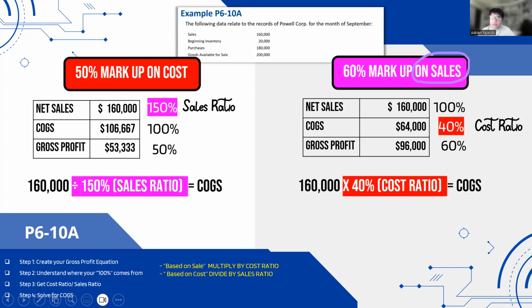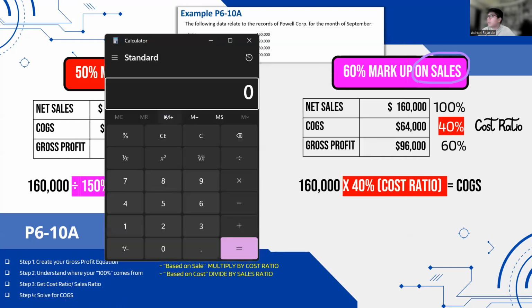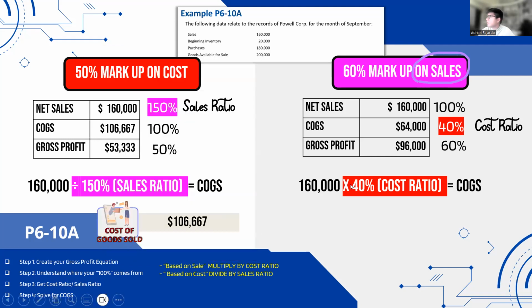And to just test kung tama ba yung gross profit rate natin, it's gonna be 96 divided by 160 equals 60%. So, ang COGS natin, pag 50% markup on cost, would be 106,667. And pag ito, cost ano naman, based on sales, is 64,000.